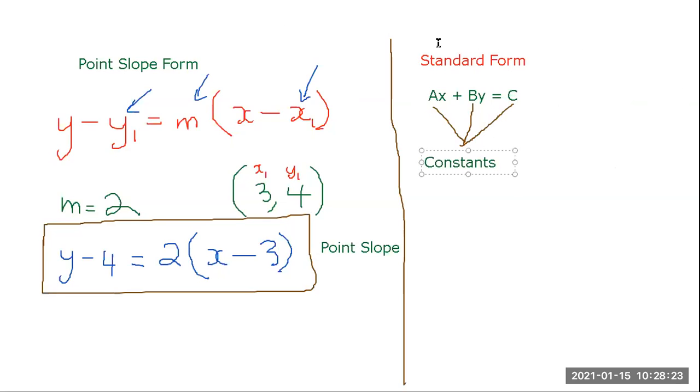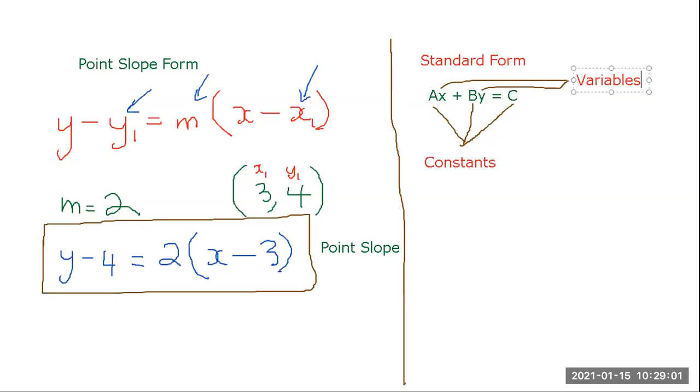Right? A, B, and C are constants. I think it's a different color. And where x and y are variables. All right, so it's in this form. So whenever we have an equation in this form, then we know it's in standard form.